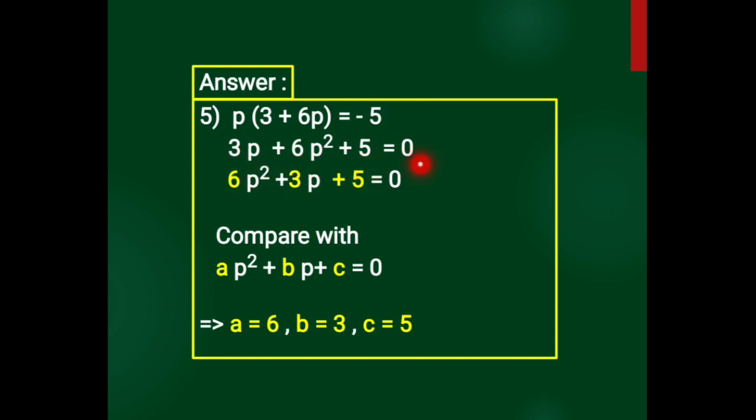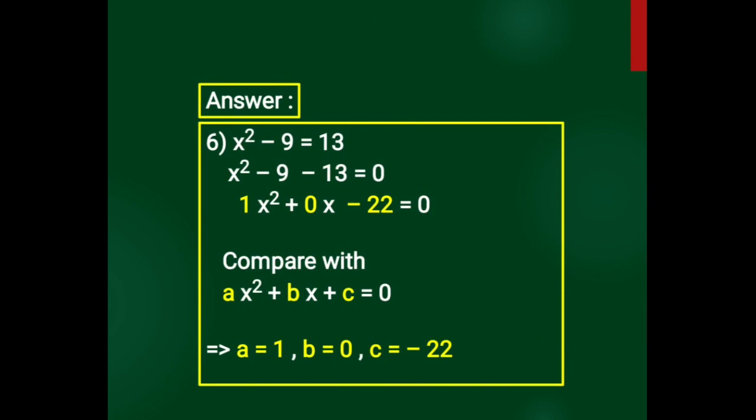So first we rearrange this, we write the highest degree term at the first position. So we write here 6p square plus 3p plus 5 equals to 0. So this is the general form. Now compare with ap square plus bp plus c equals to 0. We get a equals to 6, b equals to 3, and c equals to 5.